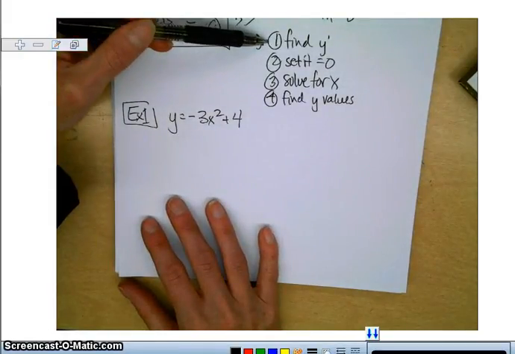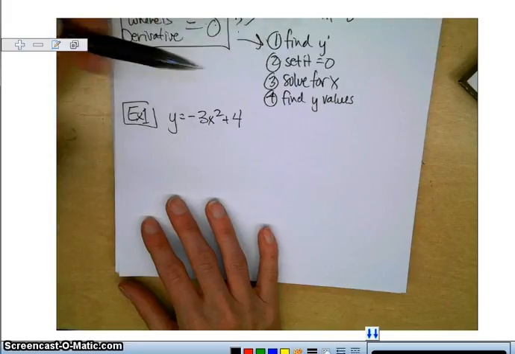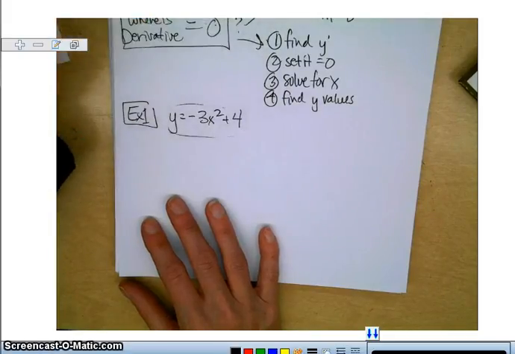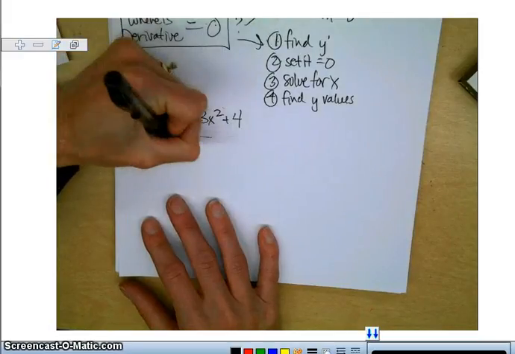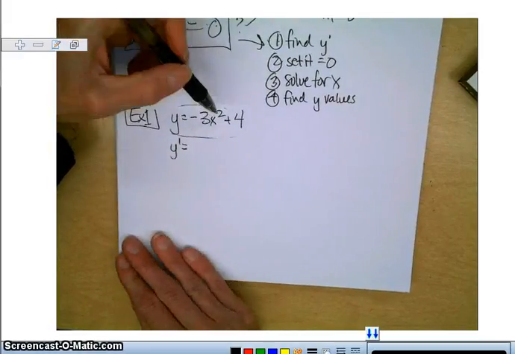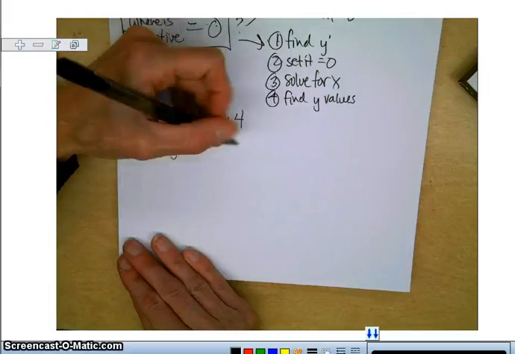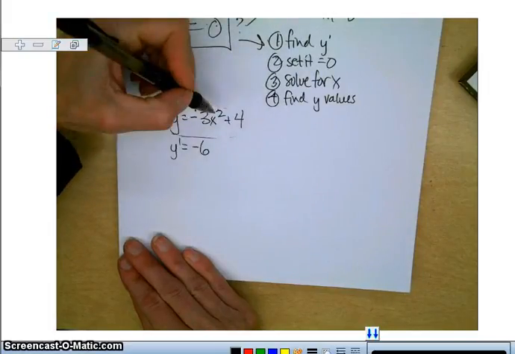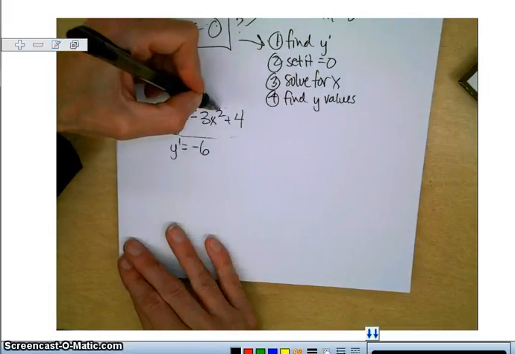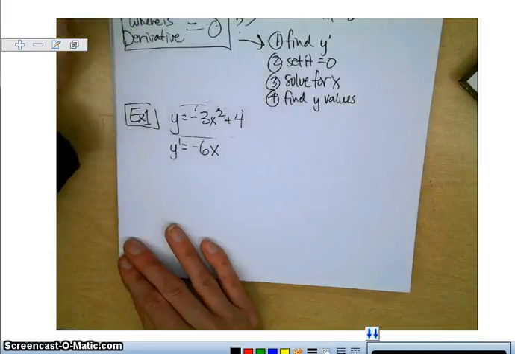So find y prime. In order to find the place where this function has a horizontal tangent line, we find the derivative. So y prime is multiply by 2. What do you get in front? Negative 6. Take 1 away from the power, it becomes x to the first.